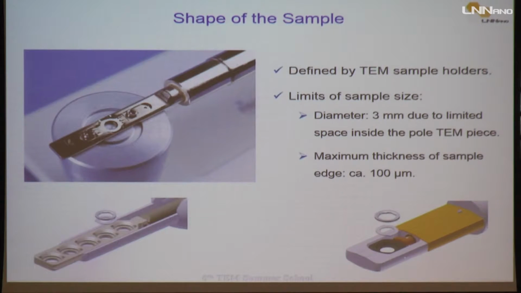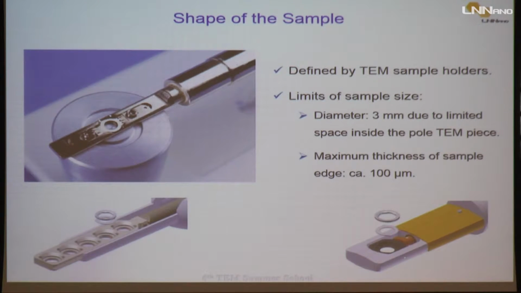And you need to play with your sample through the object plane of your objective, okay? By doing this, the range in height that you have to play with is about 100 micrometers, okay? This is why if you have a sample thicker than this, you will not have anything.